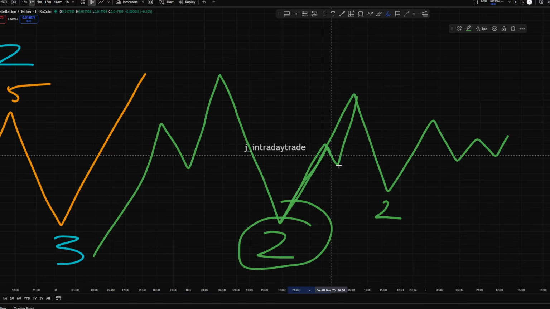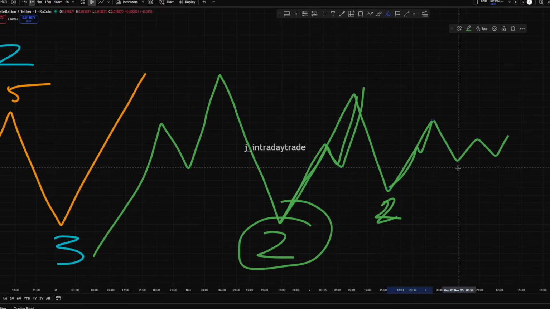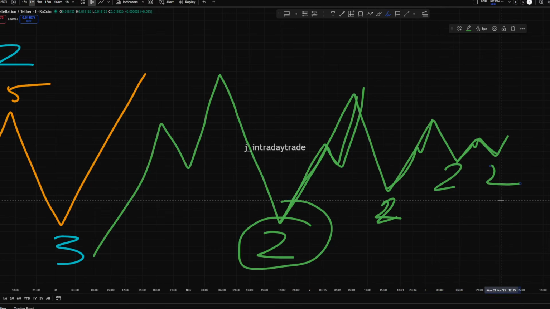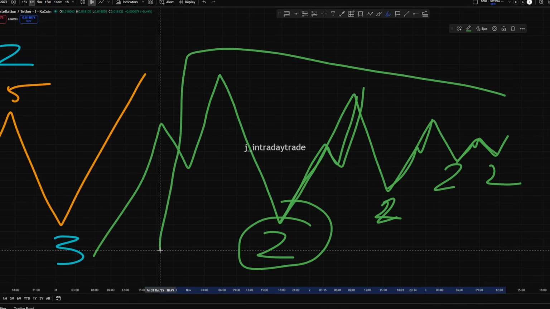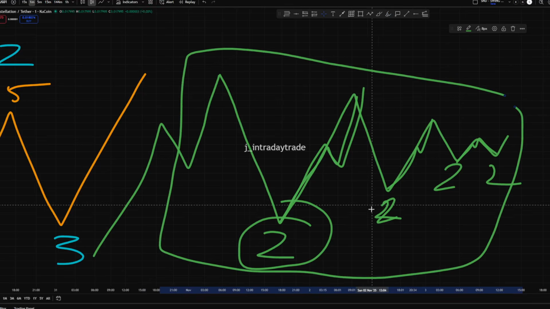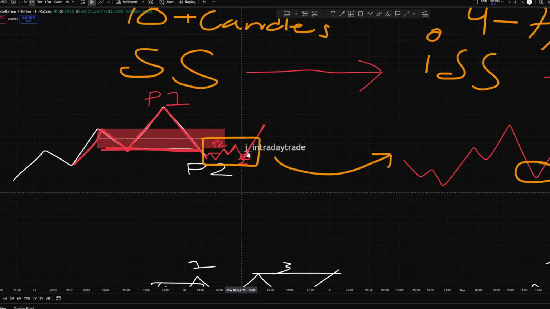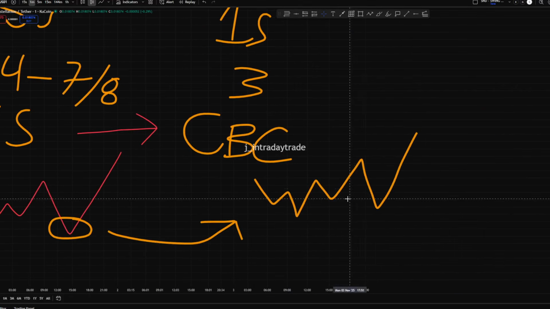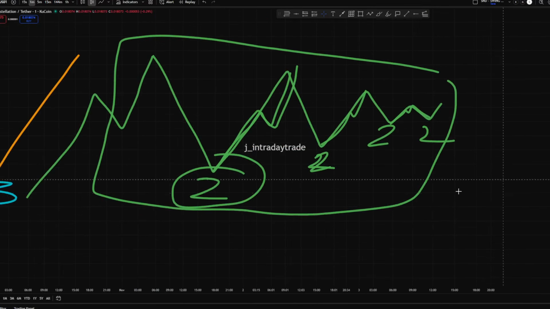Now we have a smaller sequence 2, and inside there we have a smaller sequence 2, and inside there we have a smaller sequence 2. Do you see it? This is what we have just done today, this very specific area of price. Bigger sequence 2, smaller sequence 2, which is this, smaller sequence 2, which is this, and it can go on forever until the very last price point.